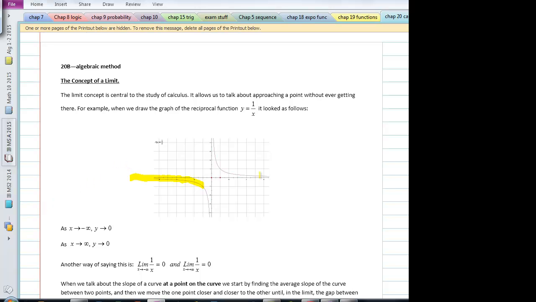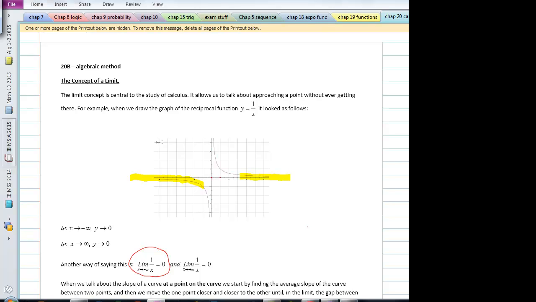As x approaches positive infinity, the y value approaches 0. So another way of saying this is that the limit of 1 over x as x approaches negative infinity is 0. And the limit of 1 over x as x approaches positive infinity is 0.